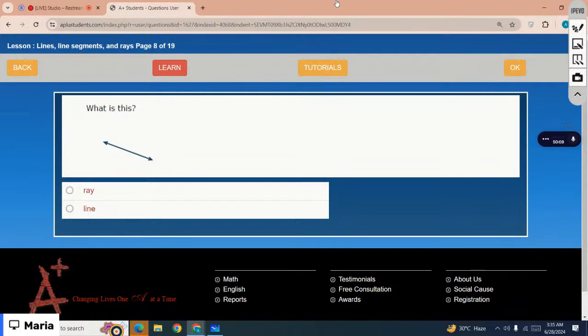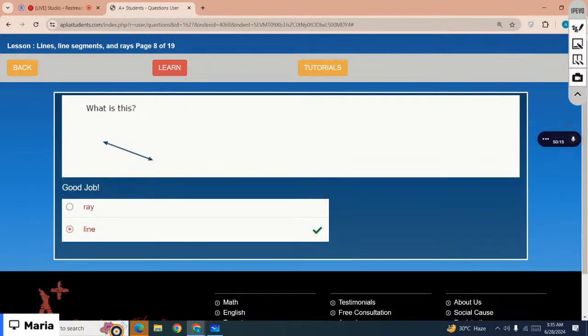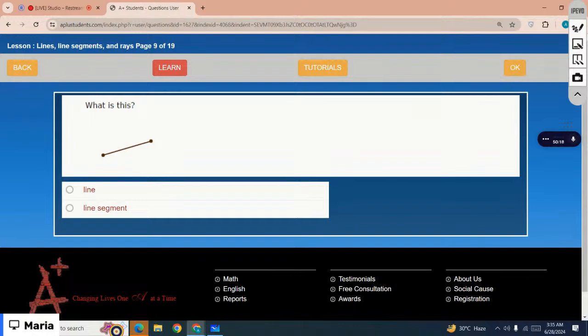That is a line. The correct option is line. What is this, line segment?